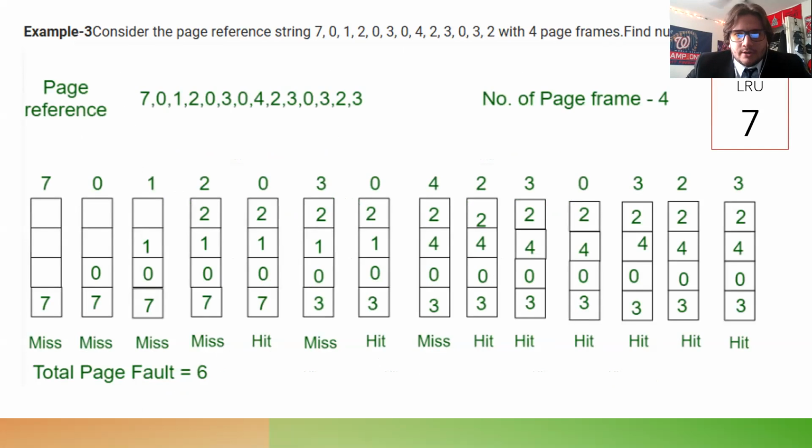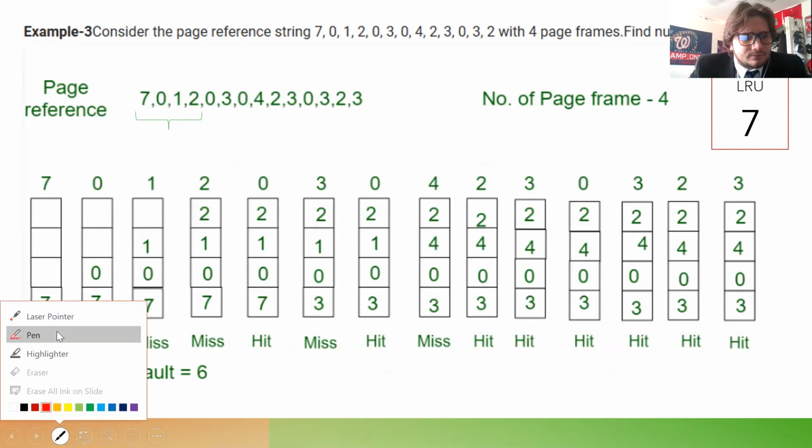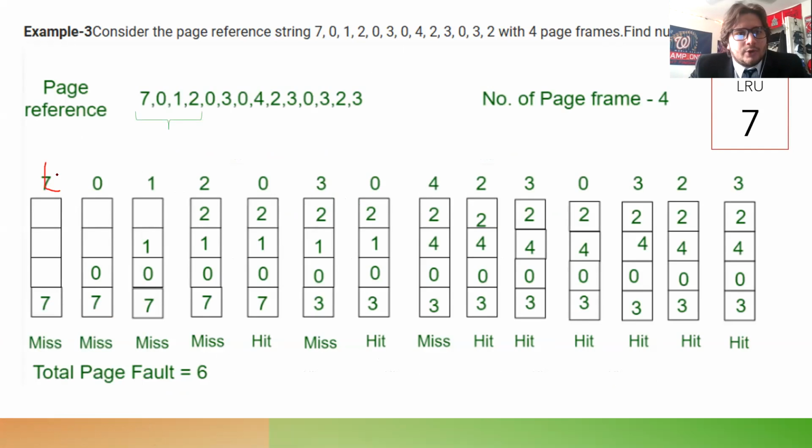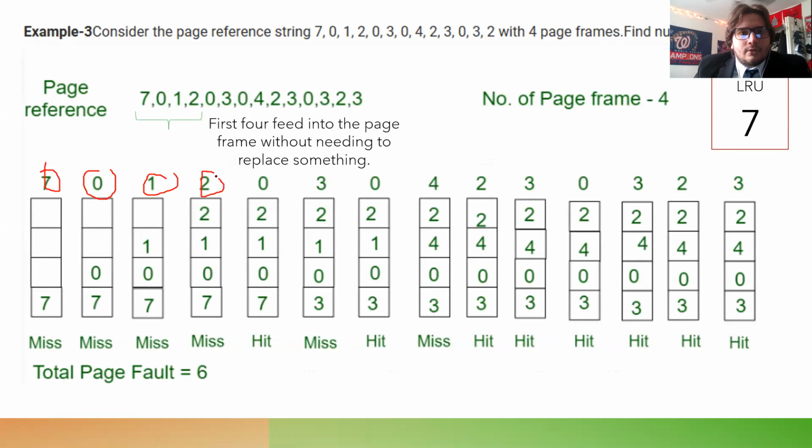All right, so as you can see, the first 4 steps are putting in the 7, the 0, the 1, and the 2. So those are the first 4 steps as it feeds into the page frame.